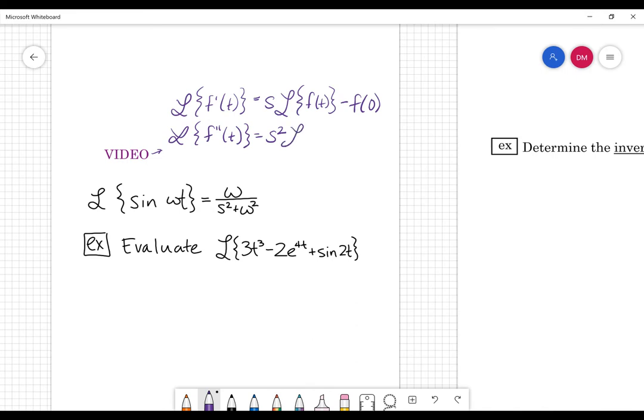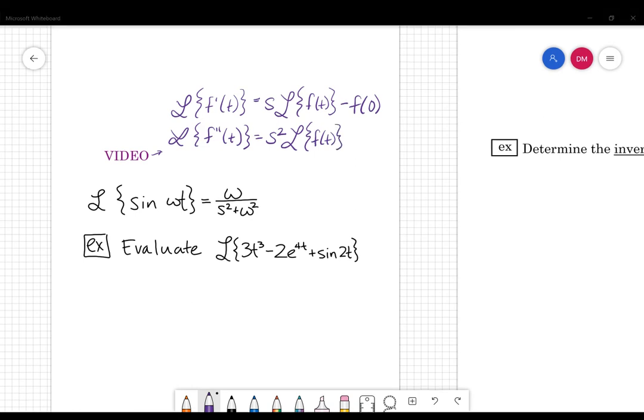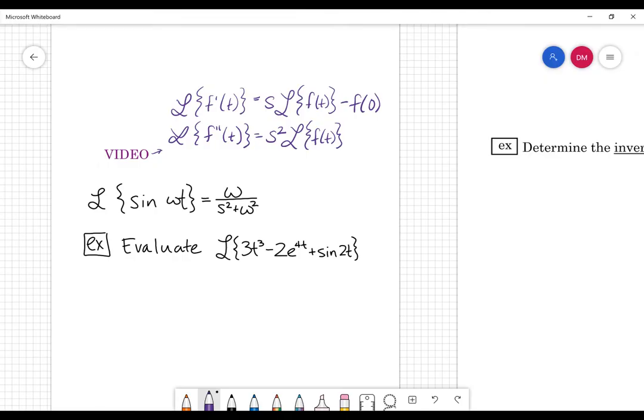So s squared times the Laplace of f of t, minus s times f of 0, and then minus f prime of 0.